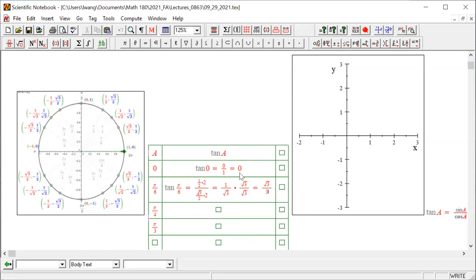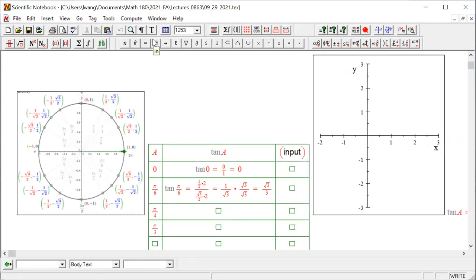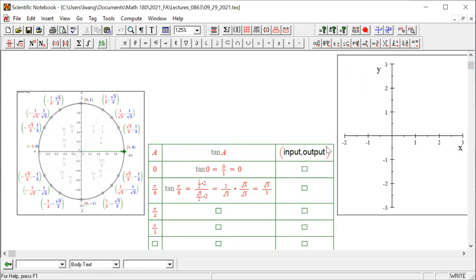All right. So now how many points have we got? 2 points. So the points are input, comma, output, right? Input is the angle, output is the ratio. That's the picture we want to get to.